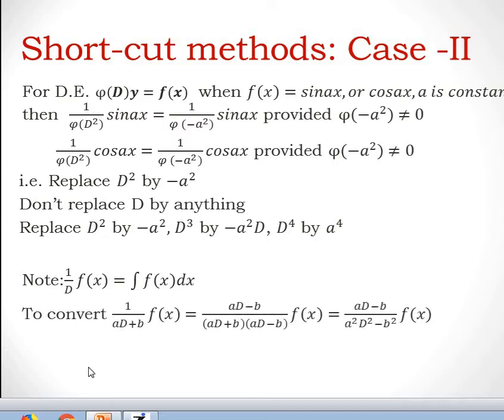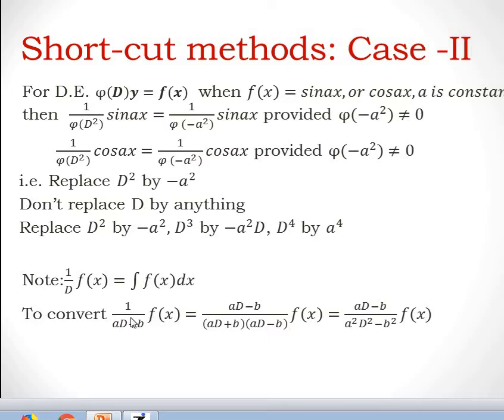Also, if the phi of D is of the form aD plus b and f of x is sin or cos x, then we have to convert that form aD plus b to the square term. To make the square term, we have to rationalize this term.